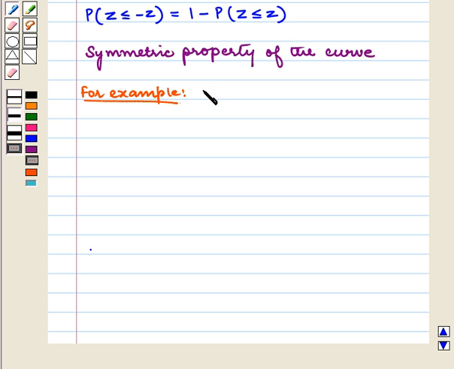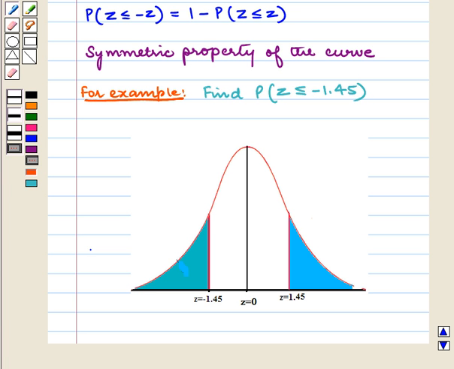For example, to find the probability of random variable z less than equal to minus 1.45, let us plot it on the normal curve and shade the required region. Now, we plot z is equal to minus 1.45 and plot z is equal to 1.45 on the same curve.